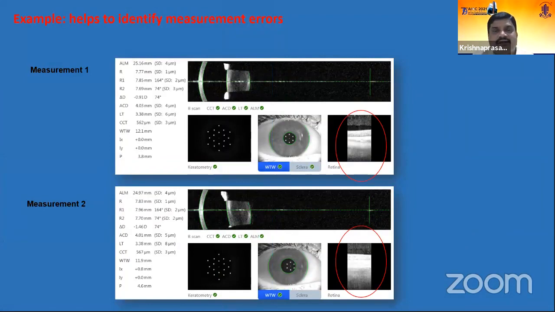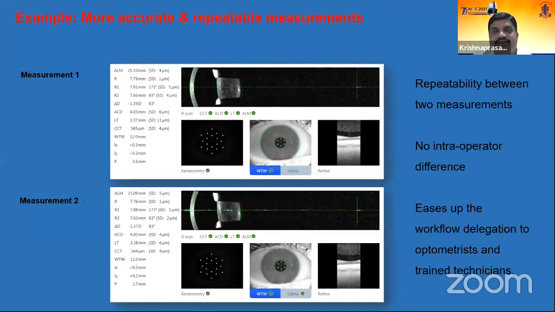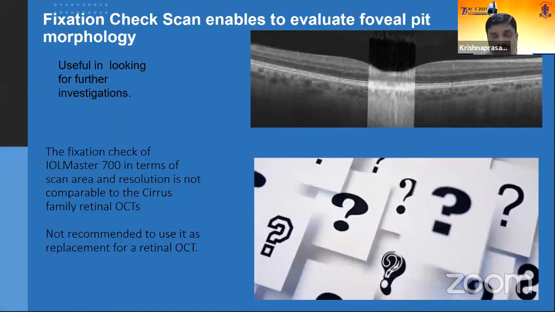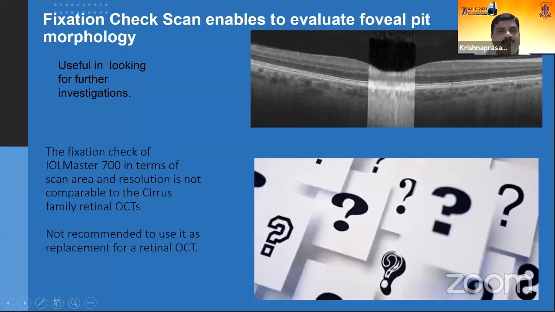This is one more example to see the foveal pit, whether it is poor fixation or not. And here, see the previous slide, the repeatability between the two measurements. Here it is around 25.10, here 25.09. That means not much difference in the two repeated readings, so it gives more confidence to the doctor.